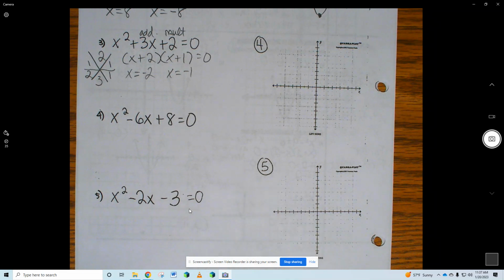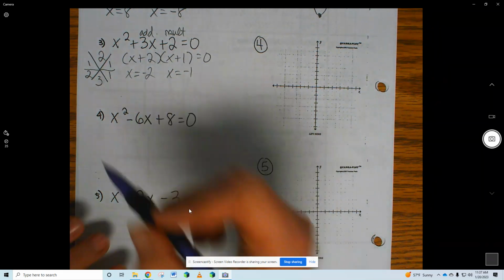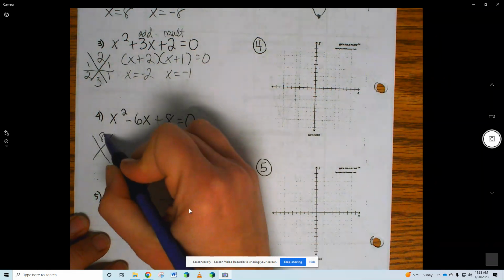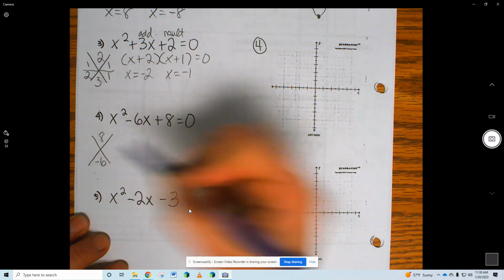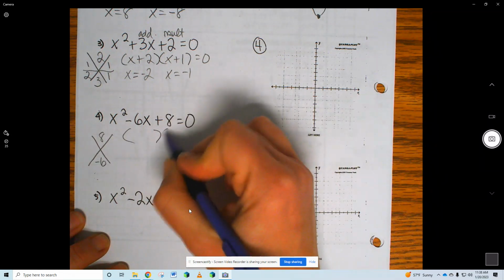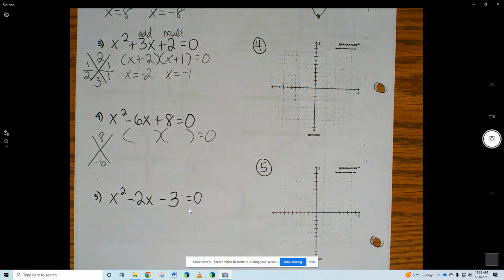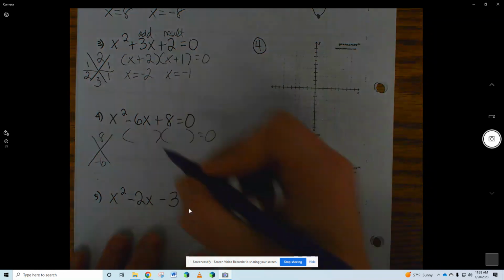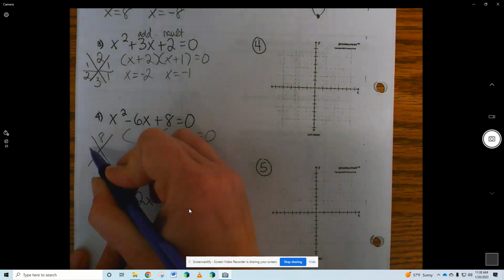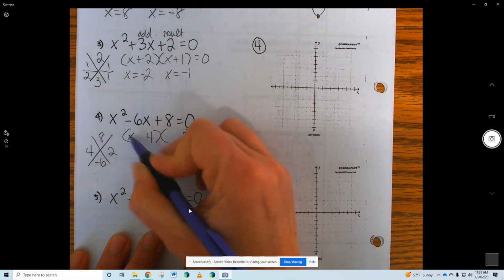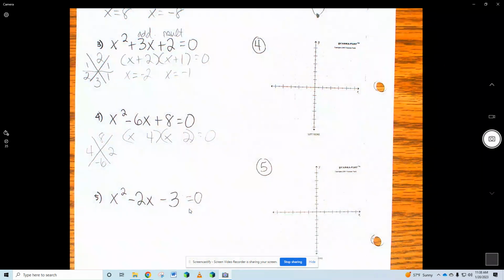Number 4. What multiplies to make 8 and adds up to negative 6? Four and 2. Yep. But the signs.